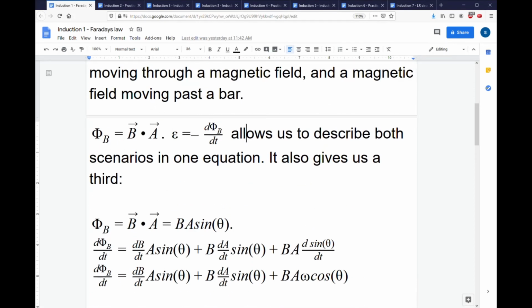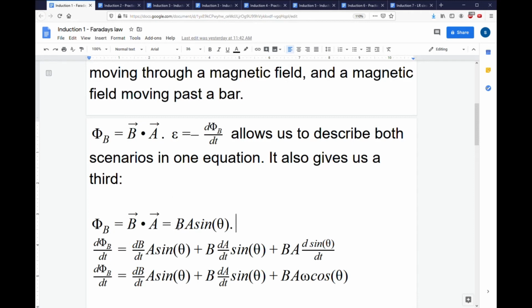Now, magnetic flux is B dot A, which means we could also write it as B times A times the sine of the angle between them. And the electromotive force depends on the derivative of this flux.